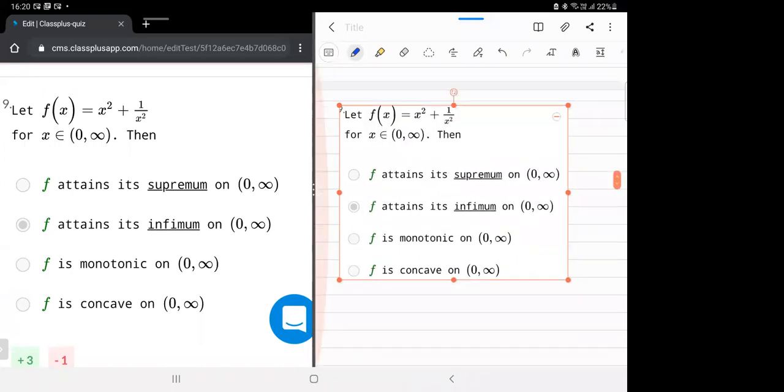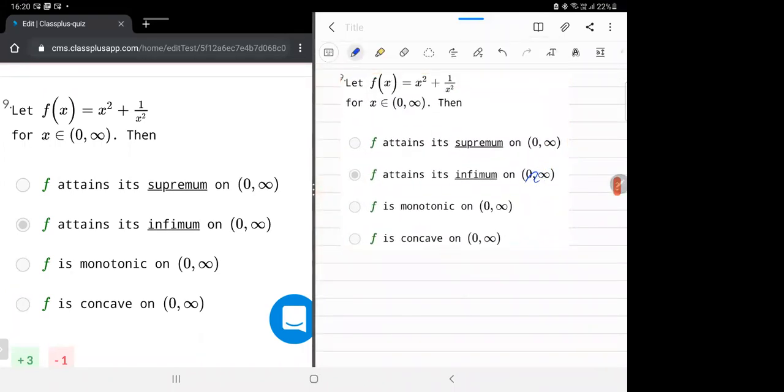What this means is that at some point in this set, the infimum is achieved. It does not mean that it achieves its infimum on every point. It just means that it achieves its infimum at some point on this set.